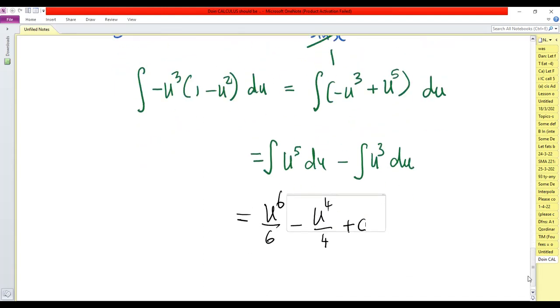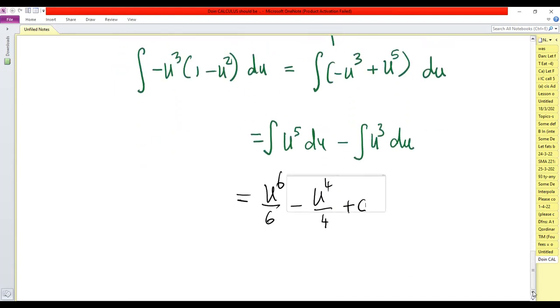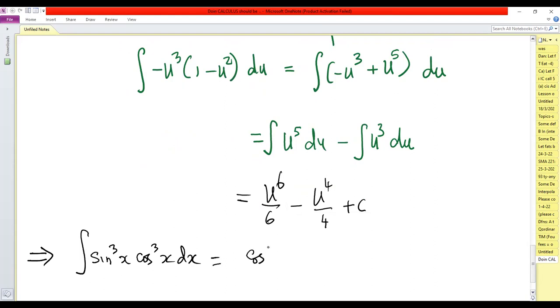But remember, u is our own creation. So in terms of x, this will mean the integral of sine cubed x cosine cubed x dx will be given by cos power 6 x divided by 6 minus cos power 4 x divided by 4, then plus c.